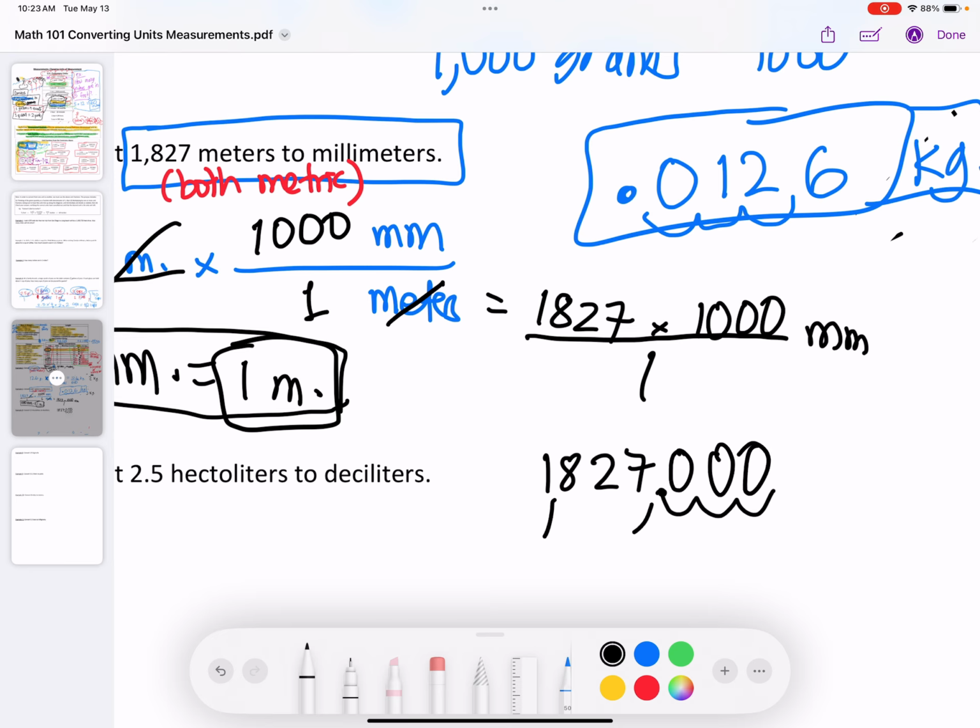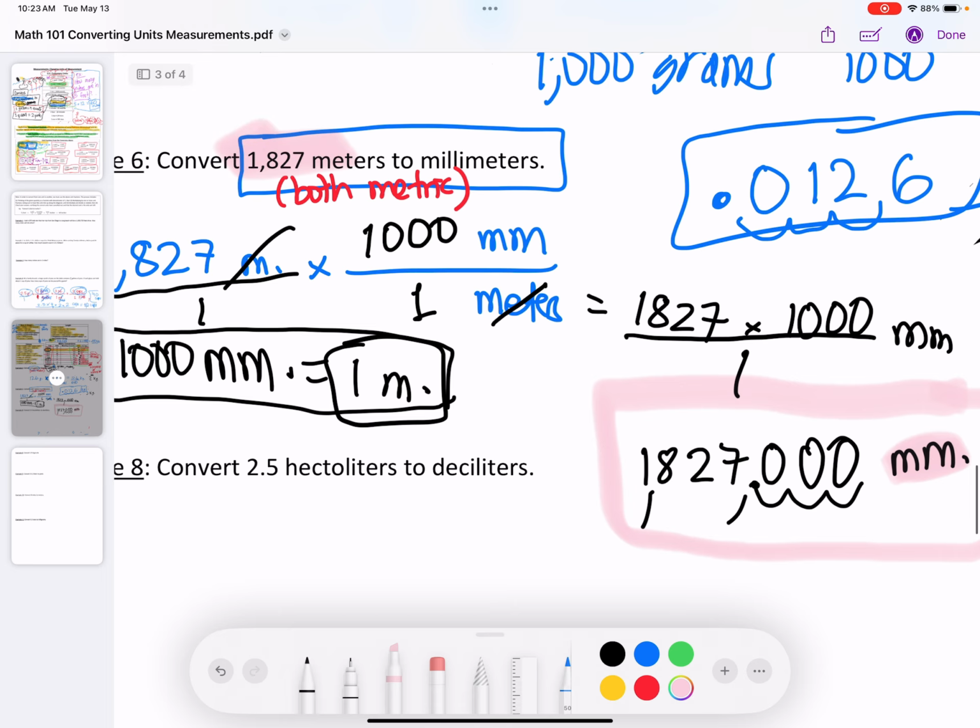It'd be 1,827,000 millimeters. That's the nice thing: if you've heard these prefixes before, millimeter, kilometer, you have a feel for it. I know millimeters are tiny, so it would take a lot of millimeters to make 1 meter, or 1,000 meters in this case.